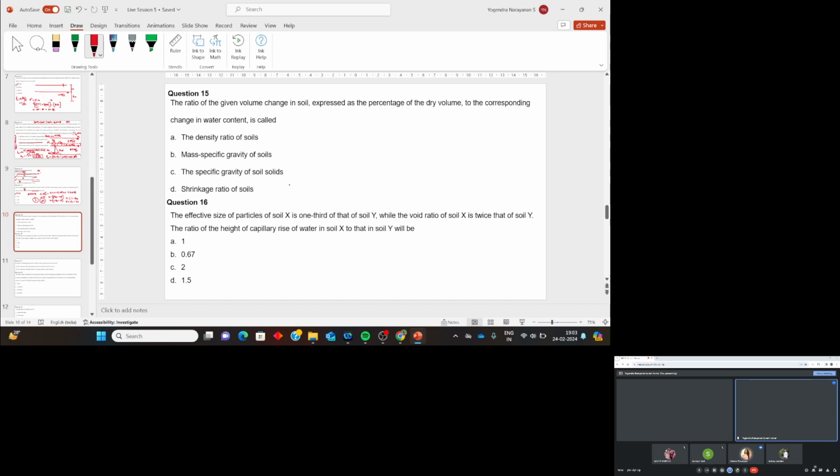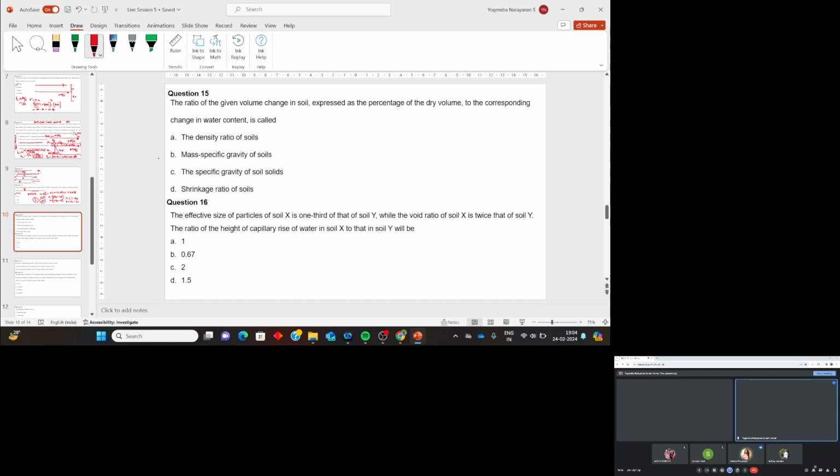D, shrinkage ratio. Please read the question carefully. Ratio of volume change expressed as a percentage of dry volume to the corresponding change in water content. Shrinkage ratio.